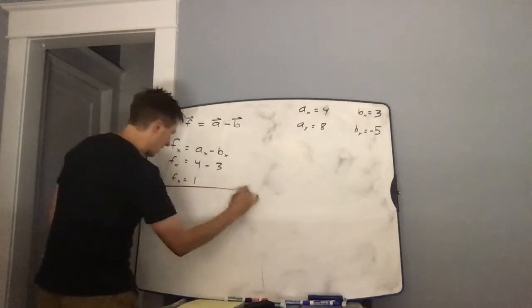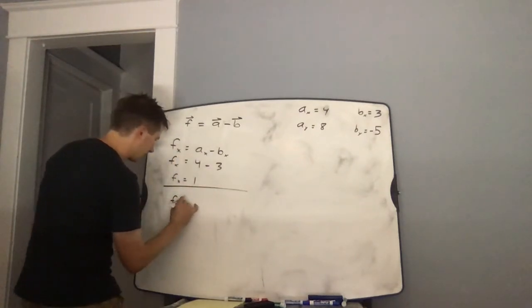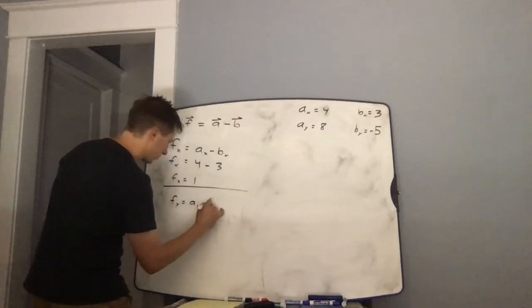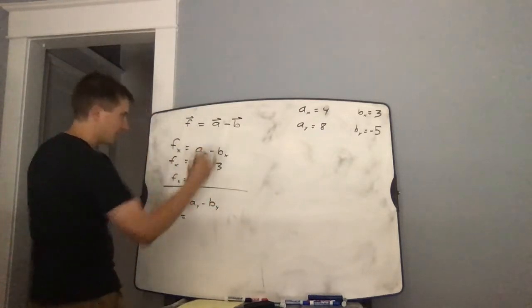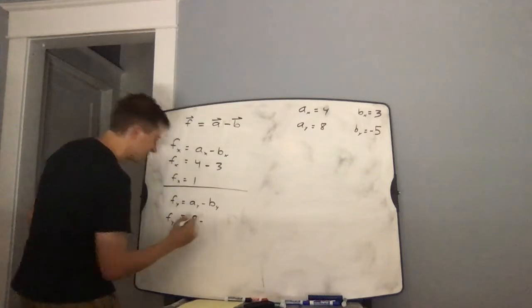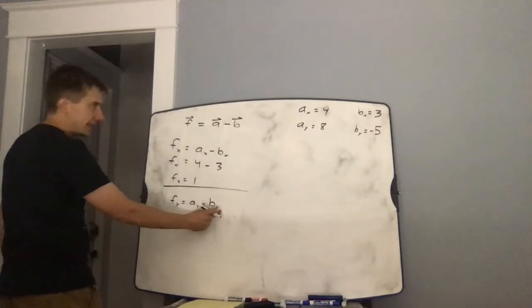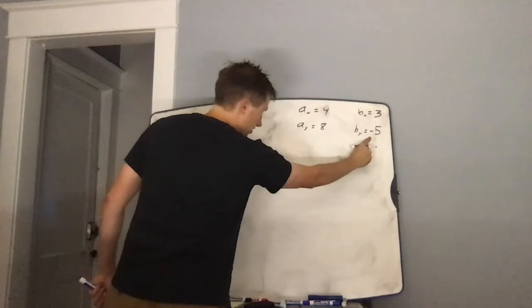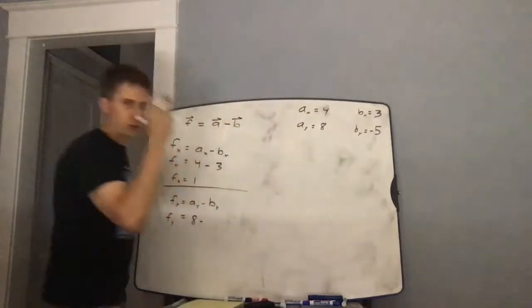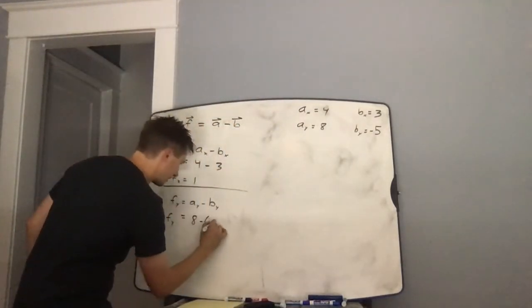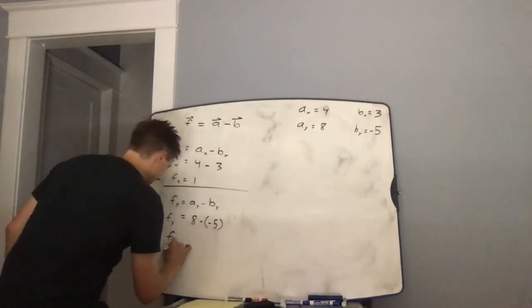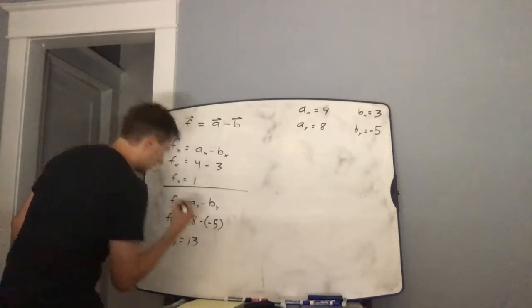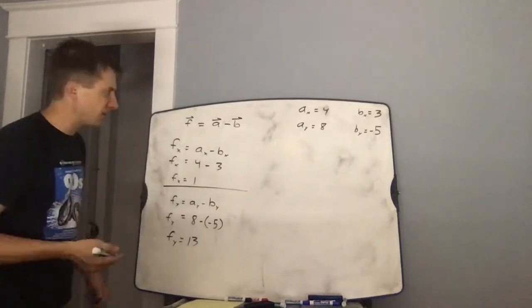And similarly, I could say fy is ay minus by, so fy is going to be 8 minus, again, by is everything on the right side of that equal sign, which includes the negative, so minus negative 5, and fy then is going to be 13, minus negative 5, same as plus 5.